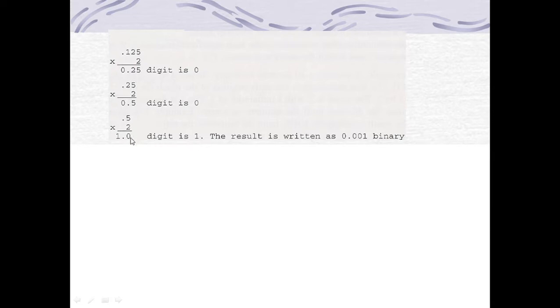So we stop here because we get 0. If there is a number where we do not get 0 immediately or after a few multiplications, then normally we proceed with a few multiplications and then we stop.